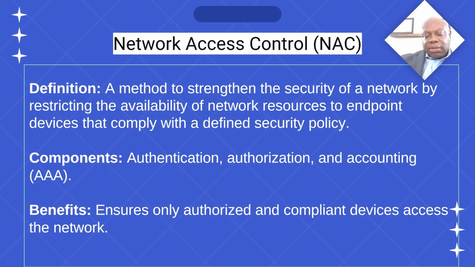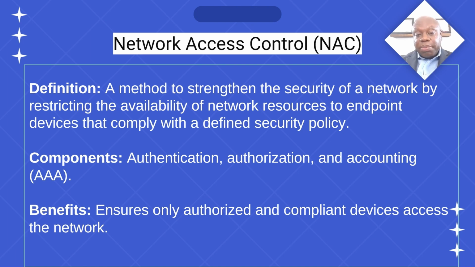Next, we're going to talk through network access control. You hear it as NAC. So the definition is, it's a method that's going to strengthen the security of a network. It's going to restrict the availability of network resources to endpoint devices that comply with a defined security policy.